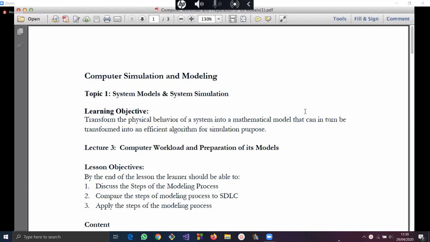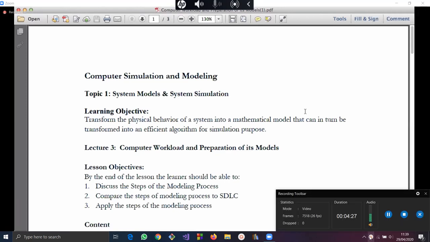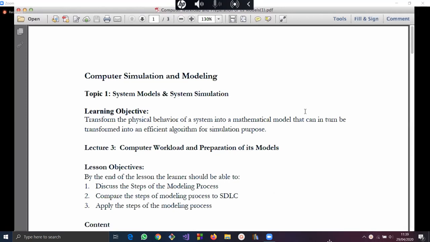By the end of today's discussion, hopefully we'll understand the steps of the modeling process. We'll then compare the steps of the modeling process to the system development life cycle, that is SDLC. You may have come across it when doing system analysis and design in your earlier courses.